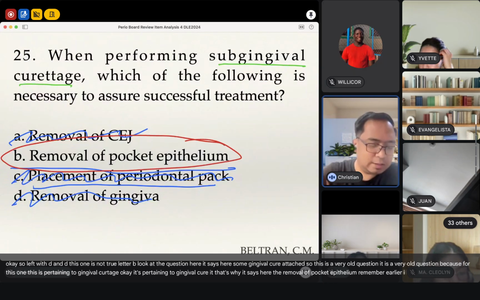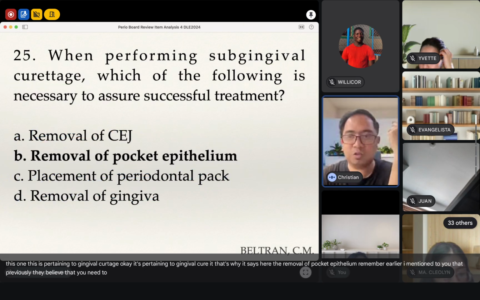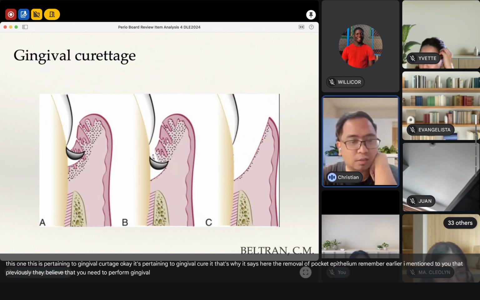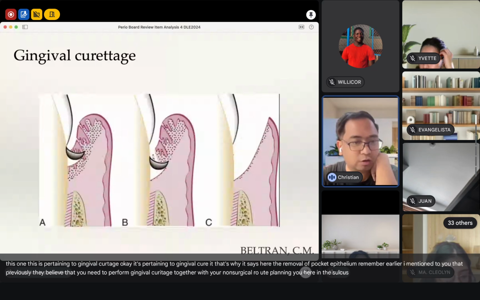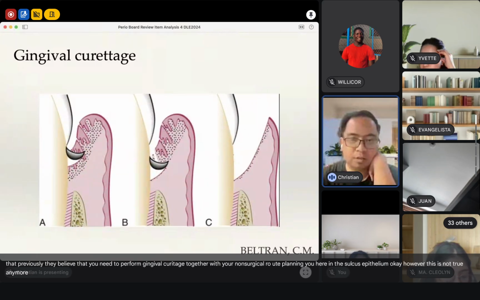Remember earlier, I mentioned to you that previously they believed that you need to perform gingival curettage together with your non-surgical root planing, to remove the sulcus epithelium. Okay. However, this is not true anymore.